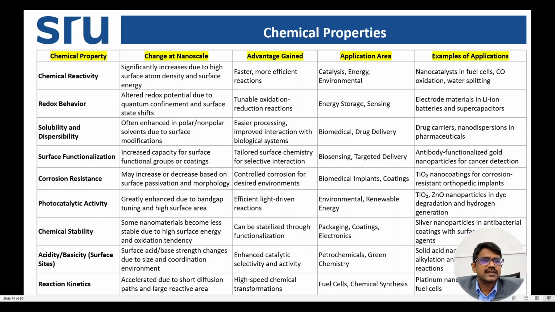So the next one is redox behavior. Altered redox potential due to quantum confinement and surface state shifts. What are the advantages we are getting? Tunable oxidation and reduction reactions, because the efficiency is decided by redox reactions.